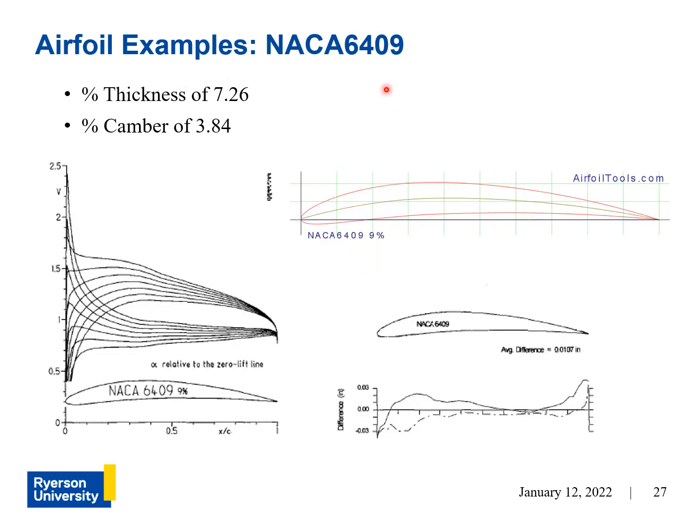And the last airfoil that we'll be talking about is the NACA 6409, and it has a percent thickness of 7.26 and a percent camber of 3.84. And here's the shape of the airfoil, and again, the distribution of the lift.